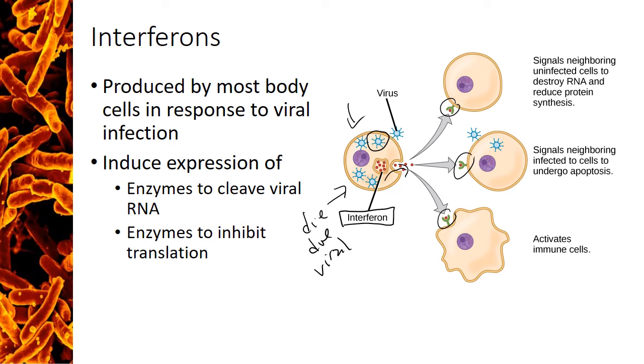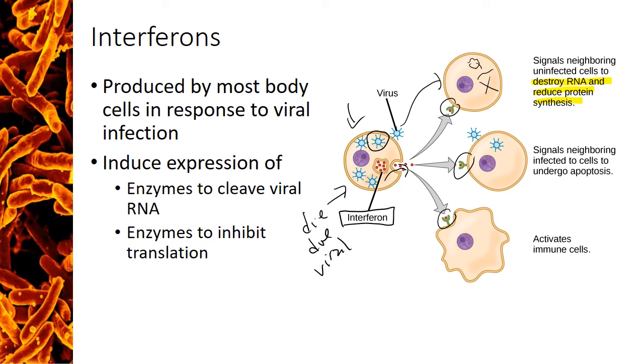And so that warning signal is telling these cells to get ready to destroy RNA and stop doing protein synthesis. What that's going to do is that when this virus comes over and tries to infect this cell, it's going to get in here. Remember, it's going to release its genome, and then no transcription or translation will happen.